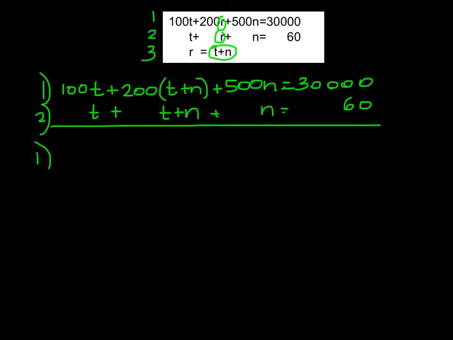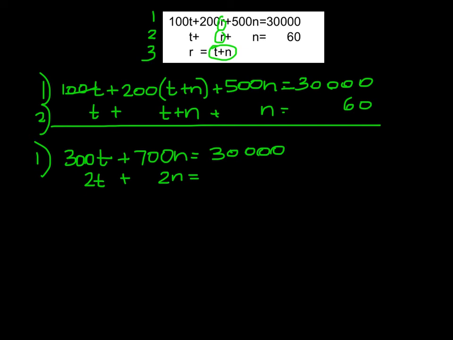And my new one is 100t plus 200t, 200 and 500n equals 30,000. And my second equation, my number 2, becomes 2t plus 2n equals 60.